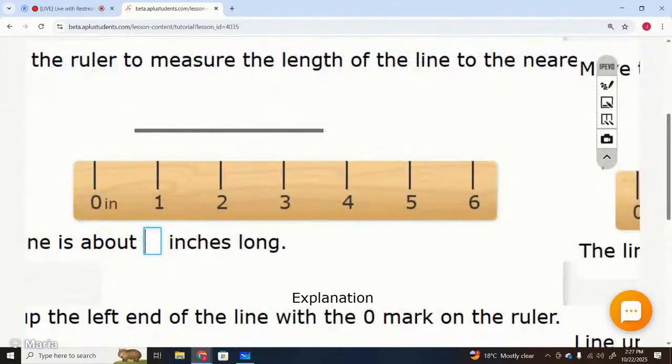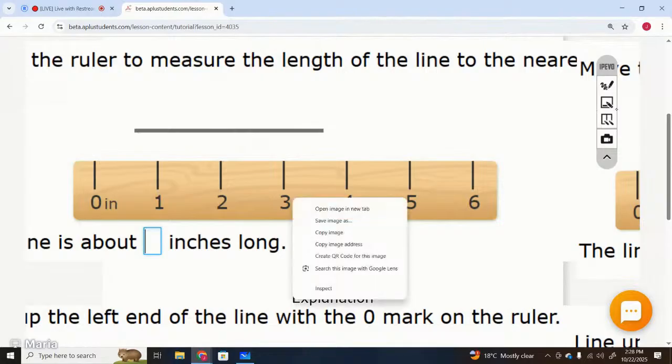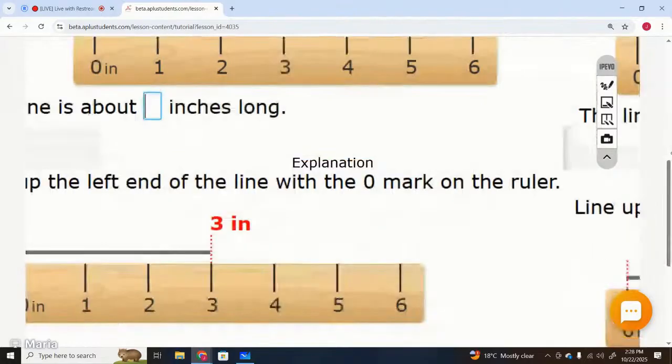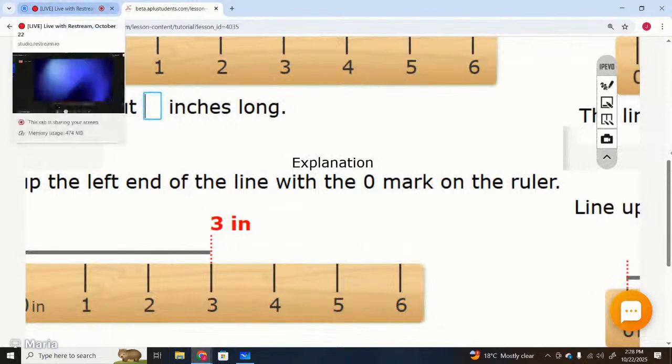You need to line up the left end of the line with the 0 and then measure at the right end. So I think if you move this ruler to the left end of the line, it would be as long as 3 inches, right? And the correct option is 3 inches, you can see here the line ends at 3 inches. So 3 inches it is.